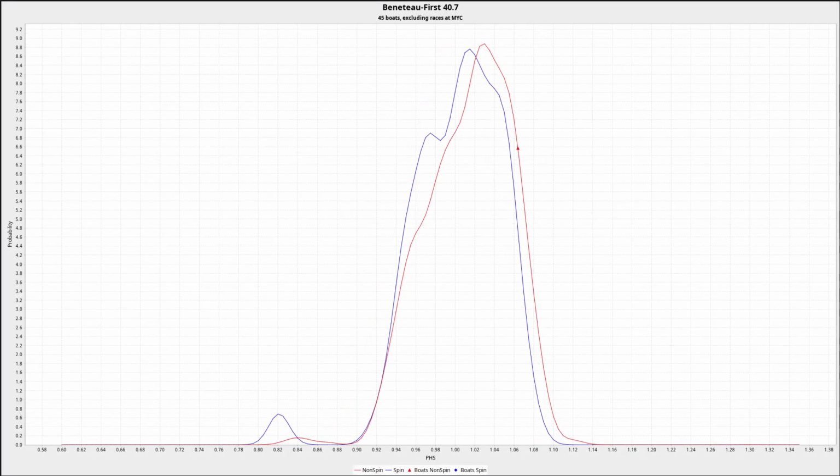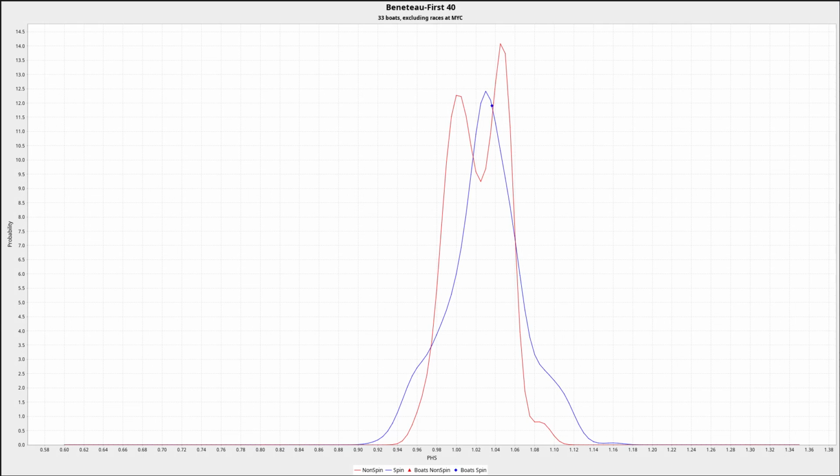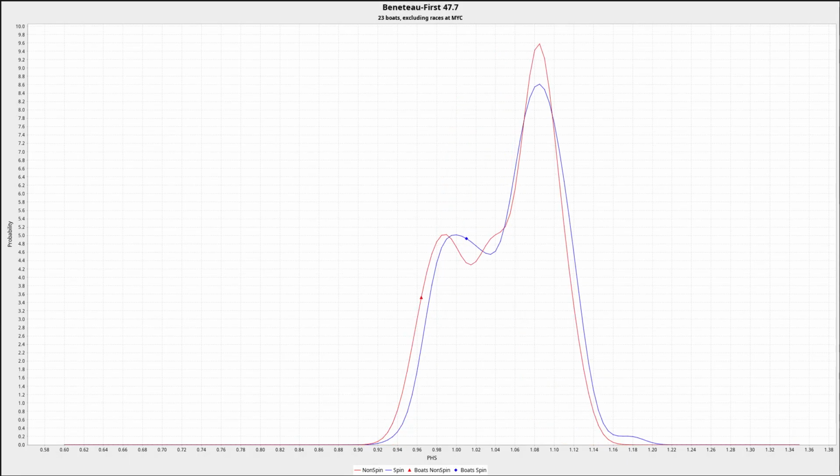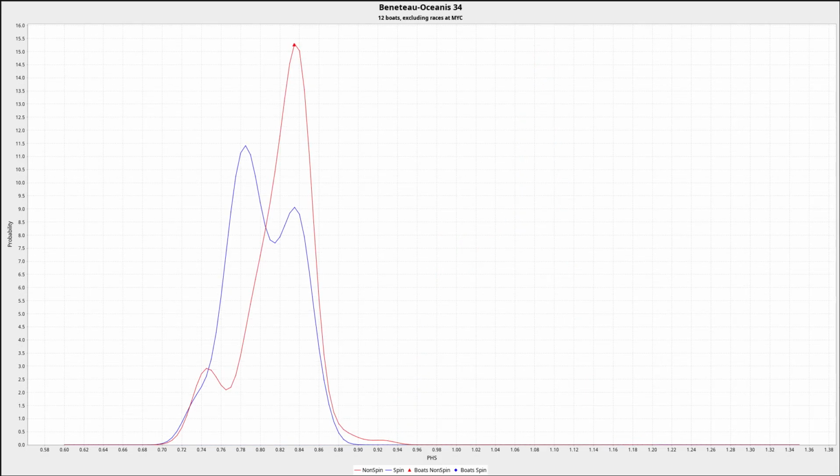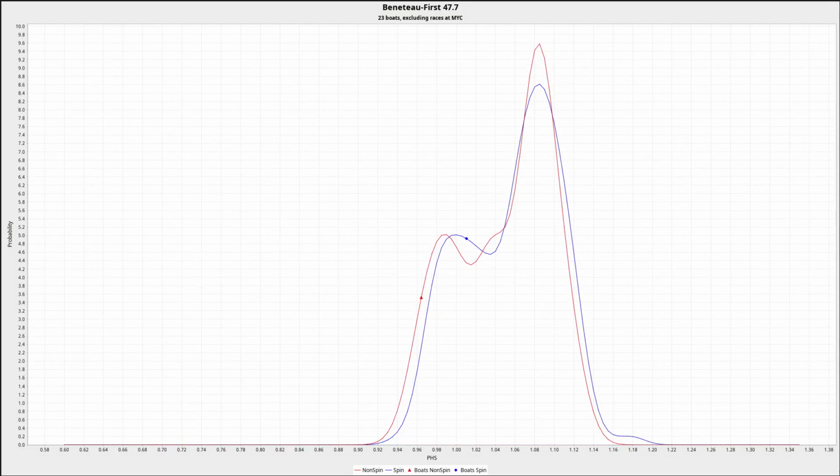First 36, 40.7, First 40, interesting, no difference between the spinnaker and non-spinnaker handicaps they're allocated. 47.7, same thing, no difference between the spinnaker and non-spinnaker handicaps, and that's over 23 boats, amazing.